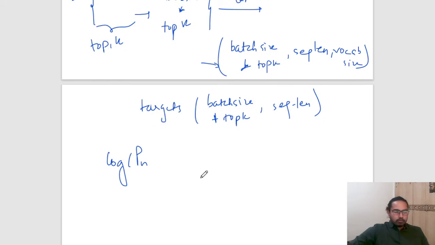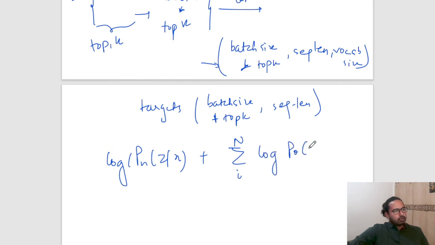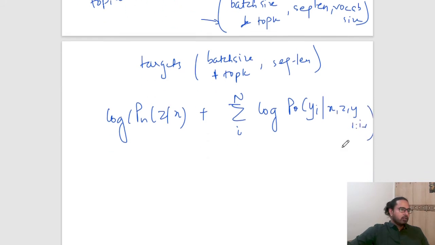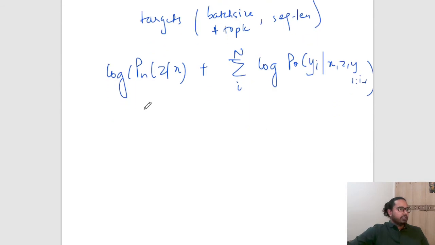So log p eta of z given x, plus the summation over i of log p theta of yi given x, z and all the previous tokens y1 to i minus 1. Okay, so how do we get these values?